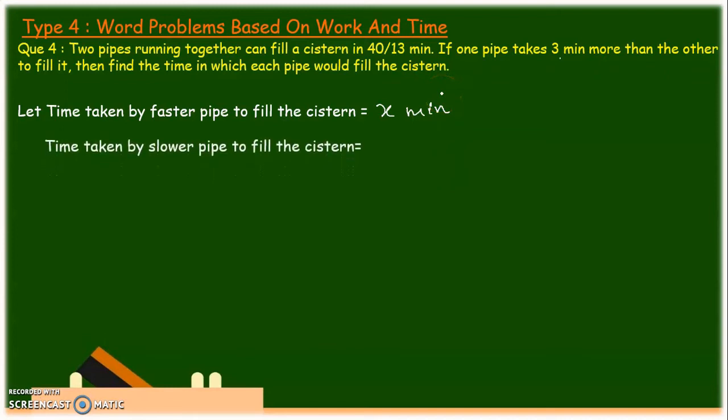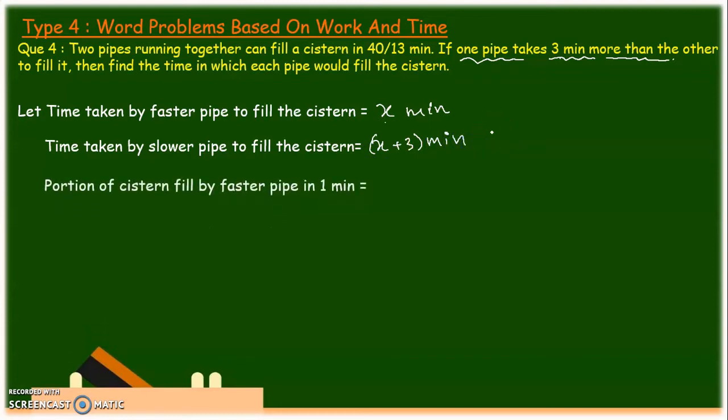So the time taken by the slower pipe will be how much? If you see the question, one pipe takes 3 minutes more than the other pipe. So the faster pipe takes x minutes, so the slower pipe will take x plus 3 minutes to fill the cistern.